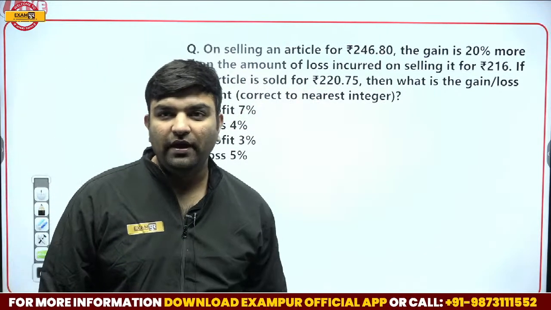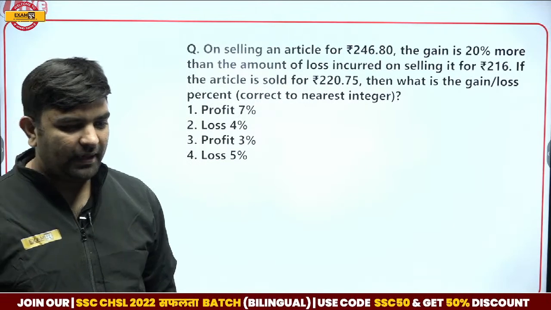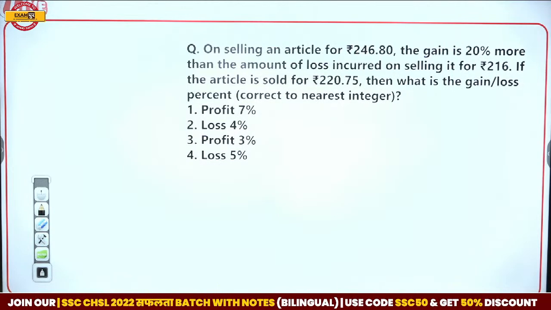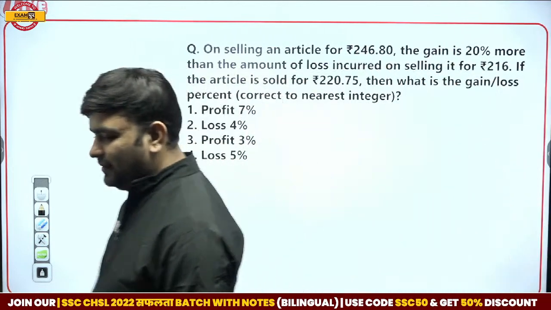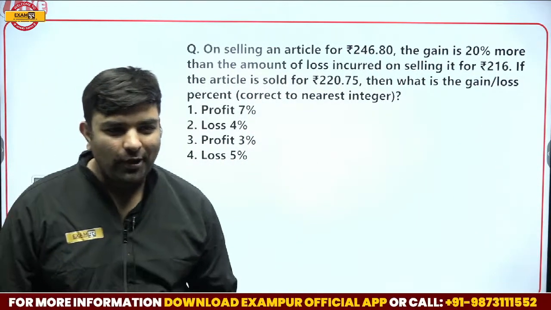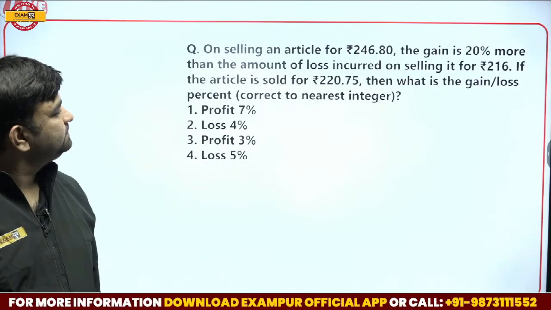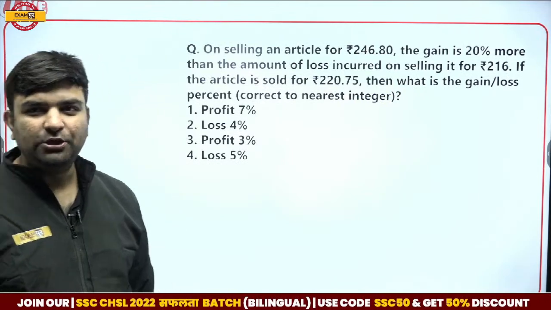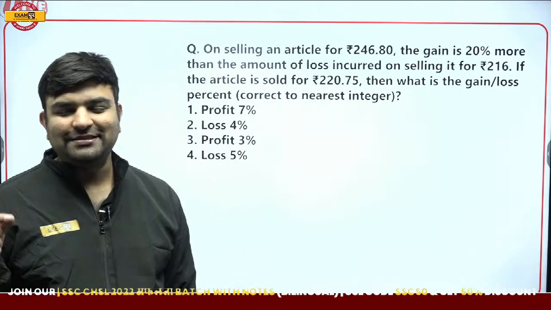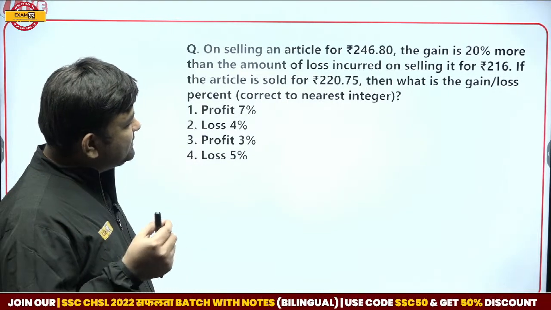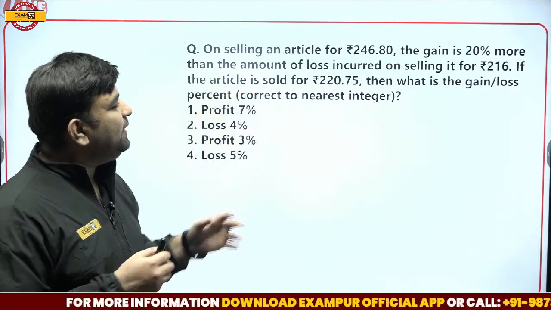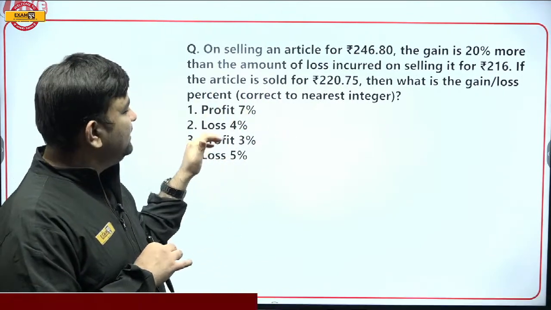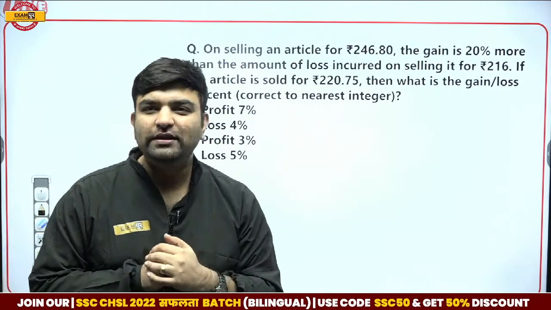This is where we are beginning from today. On selling an article for 246.80, the gain is 20% more than the loss incurred on selling it for 216.